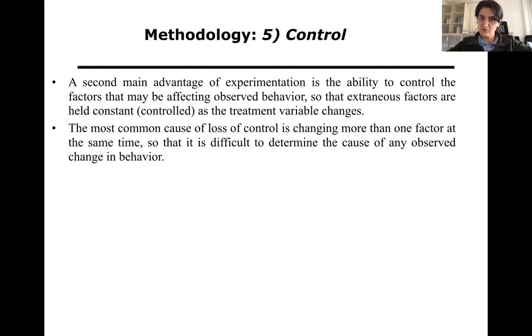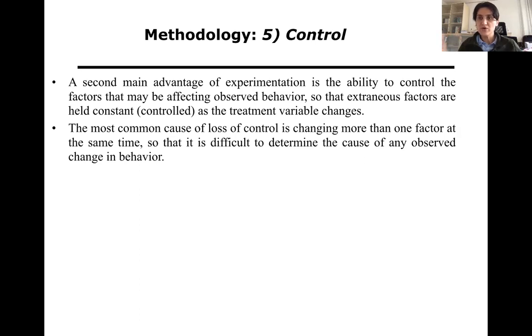A second main advantage of experimentation is the ability to control the factors that may be affecting the observed behavior, so that extraneous factors are held constant as the treatment variable changes. In general, you have either a theoretical model or a behavioral model, and then you are trying to test its predictions. You know the variables that are affecting the behavior or choice of firms or workers in your model.